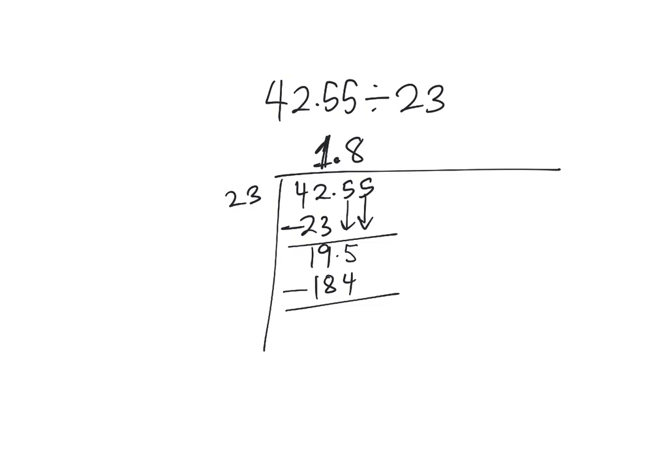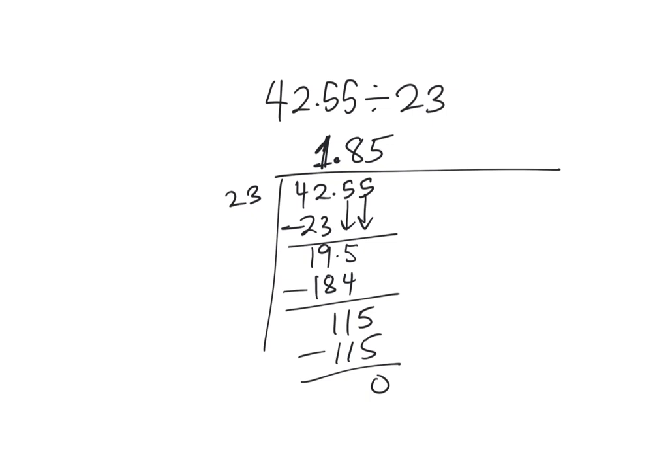We subtract, so 195 minus 184. So we have 11. We bring down that 5 over there. And now we ask, what about 115 divided by 23? We get 5. 5 times 23 is 115. That brings us to the end of that section of the problem, 1.85.